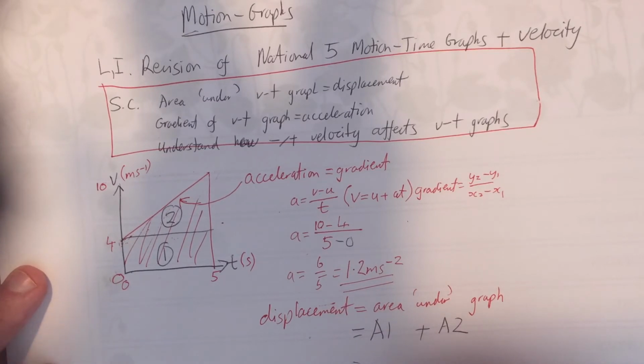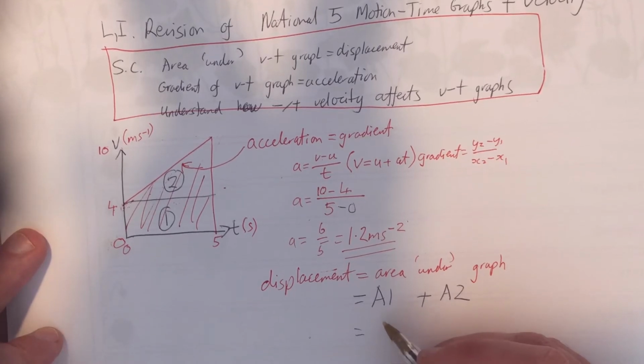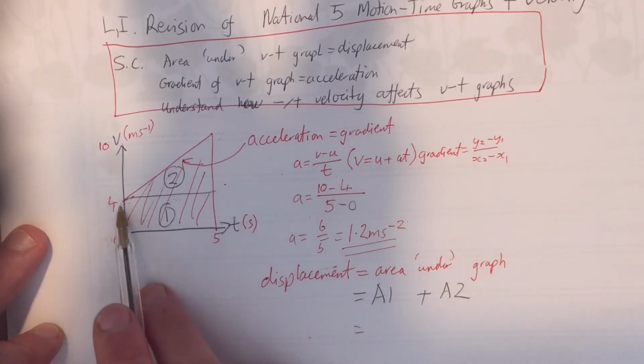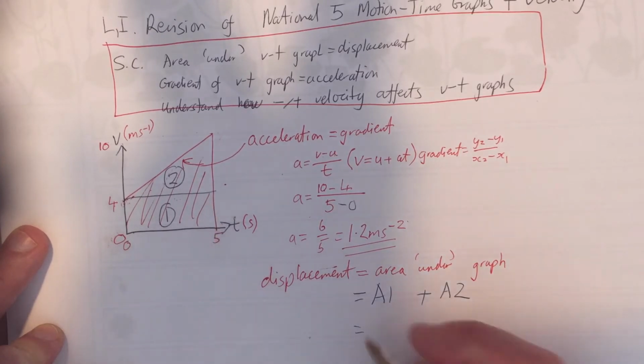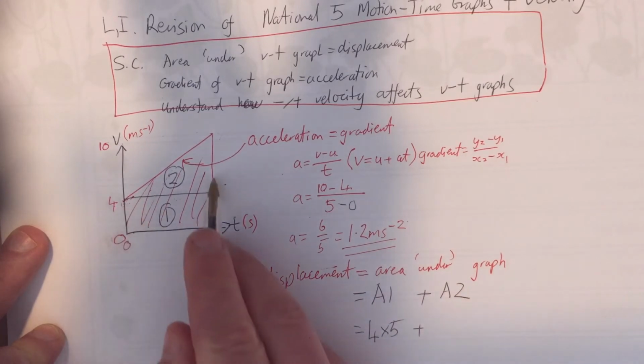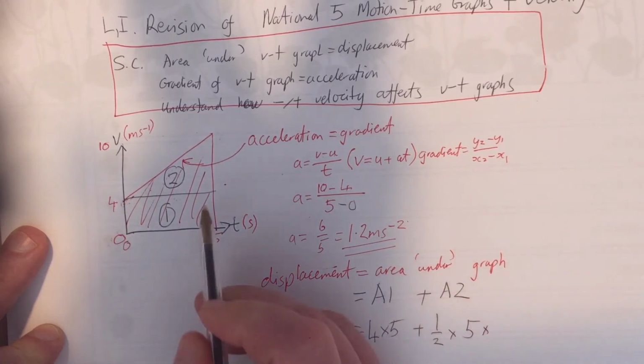Now if you're not sure about this and can't really remember, then please go back to your National 5 notes. Area 1 here is going to be, because it's a rectangle, 5 along the way and 4 up the way. So it's 4 times 5. And area 2 is a triangle, so it's going to be half times the base, which is 5, times the height of the triangle.